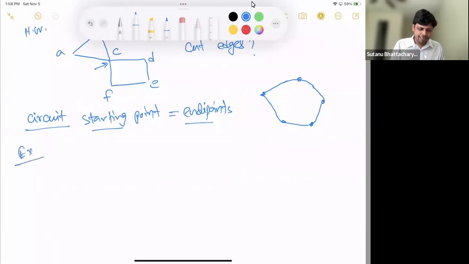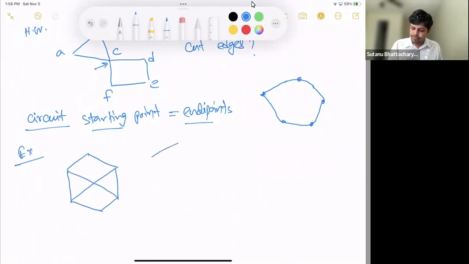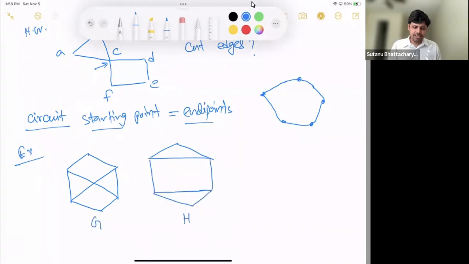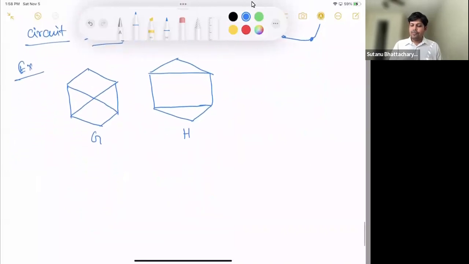So this is graph G, this is graph H. Now let's see whether G and H are isomorphic.